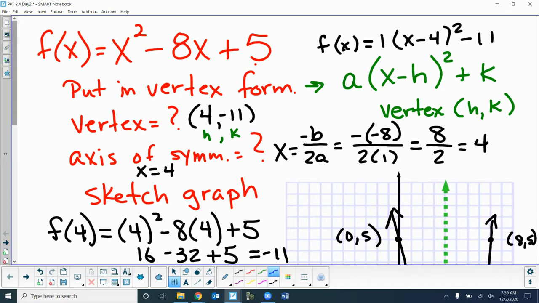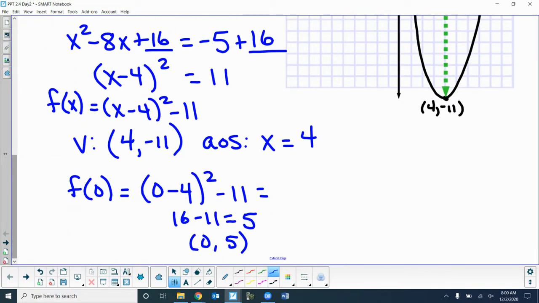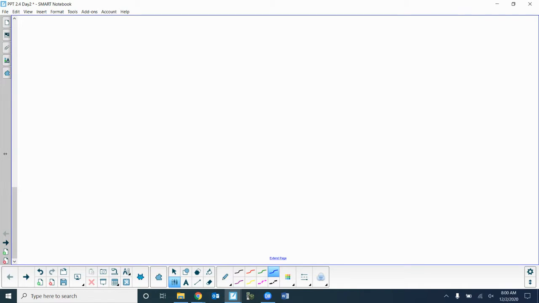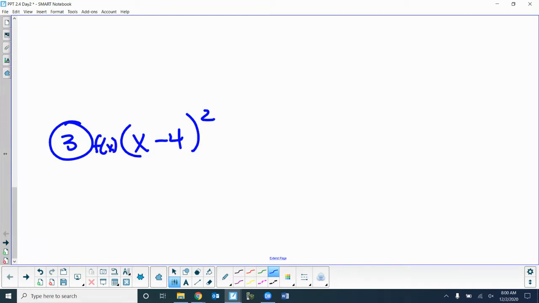So for number 3, you just had to match up the pictures of the graphs that were below 3 and 6, and see what they were. So if I got x minus 4 squared with nothing after it, this was the equation, f of x, I guess.